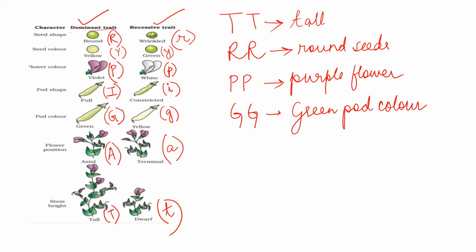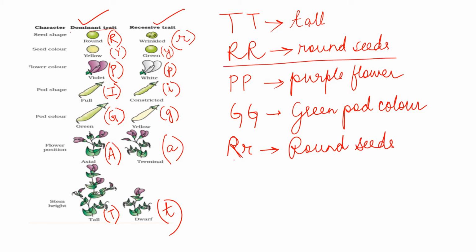Fine. Now, what if I write in this way capital R and small r? Then what can we say by looking at this genetic code or the genotype? We can say that the plant has round seeds. This is a heterozygous one.